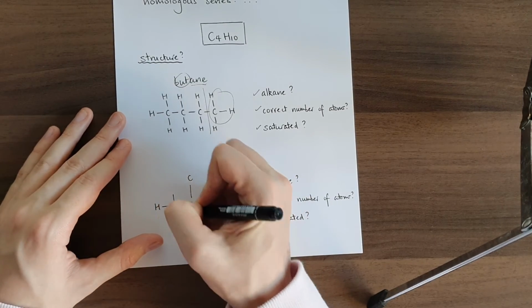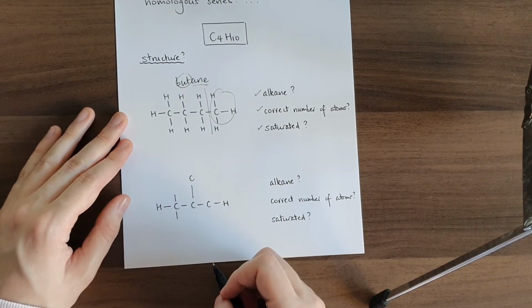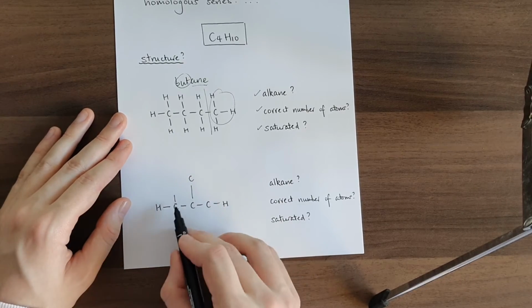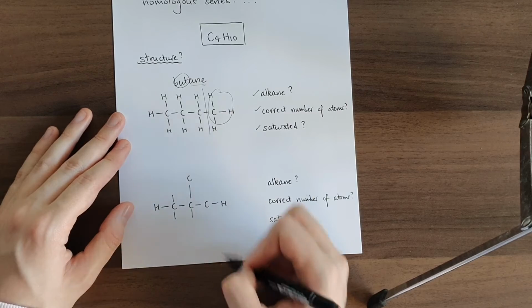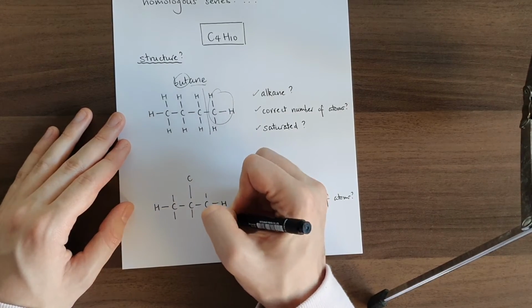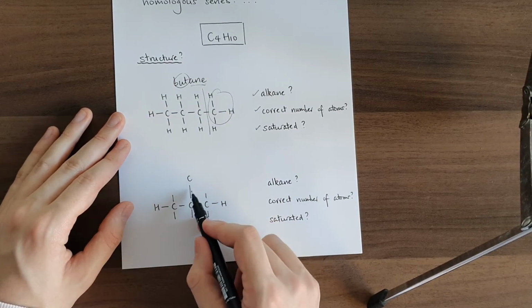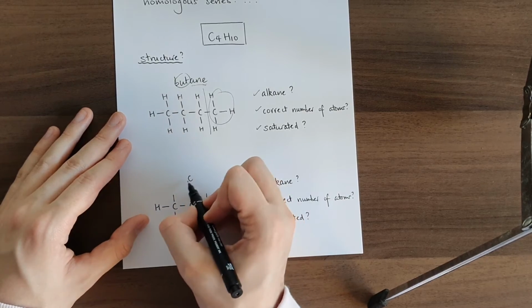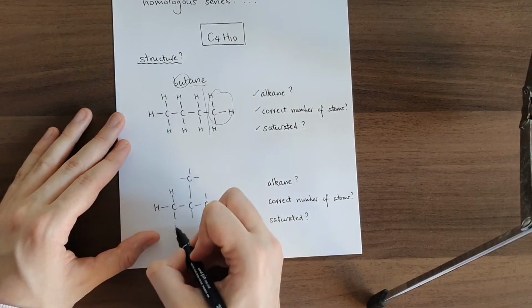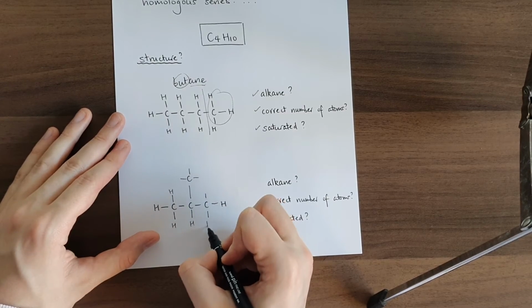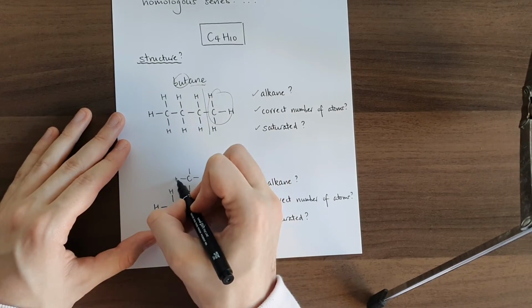And now all I need to do is make sure every carbon has 4 bonds around it so that it is correct. So 1, 2, 3, 4. 1, 2, 3. This one needs an extra one. 1, 2. Okay, I need another 2 here. And then at the top, I only have 1 bond on this carbon, so I need an additional 3.